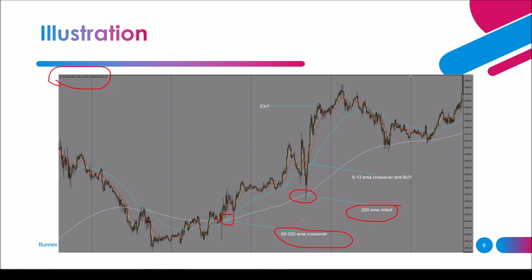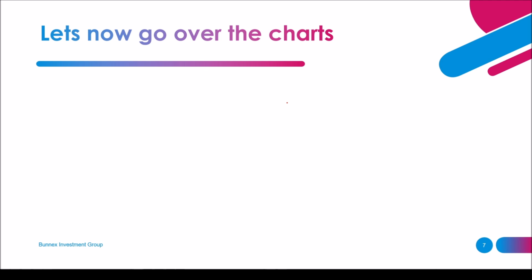After coming back to the 200 EMA, we now need to see a 5-13 EMA crossover, and that is the signal for entry. We've said stop loss below structure and take profit at 1.5 R, meaning you are going to make an exit at this particular high price. Let's now go over the charts to see this strategy in practical form.